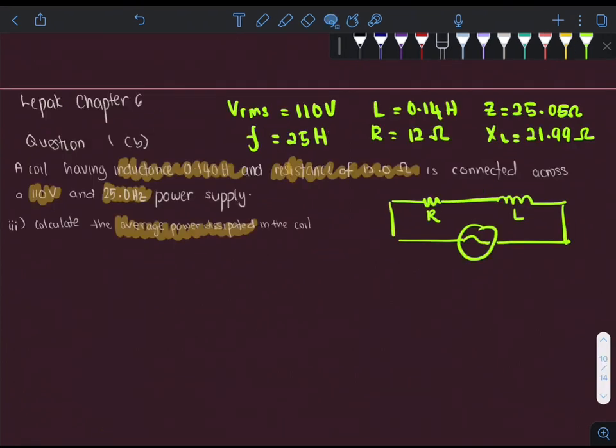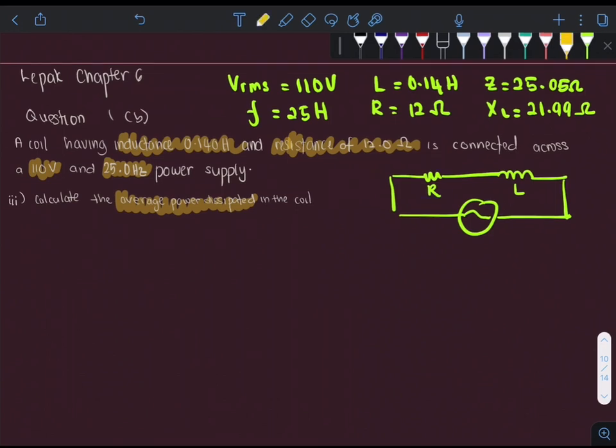Okay, the last part of question 1b here is to calculate the average power dissipated in the coil. So to find the average power dissipated in the coil, we must first understand that power can only be dissipated across a resistor. Then, the general equation for power is given as P average equals IV.